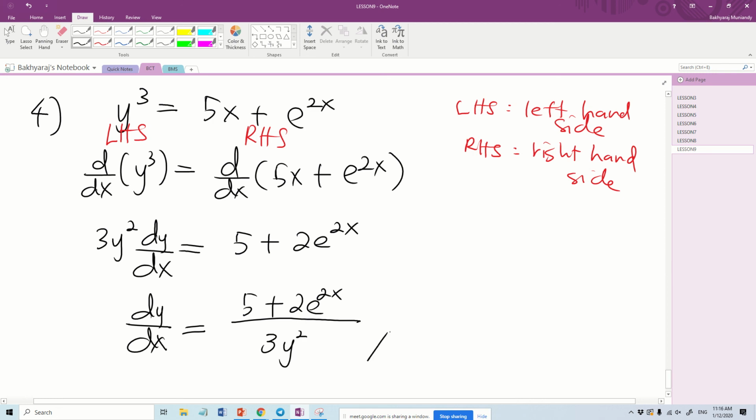So inilah jawapan saya nak. Once I want dy dx function, I must divide it by 3y square. So when I bring it here, the operation becomes divide.